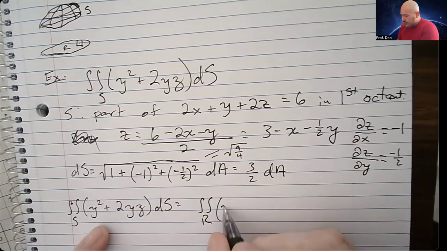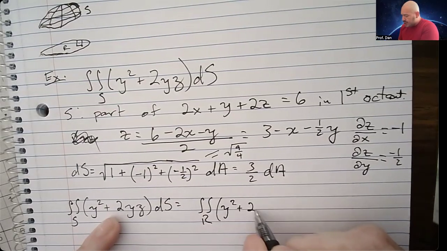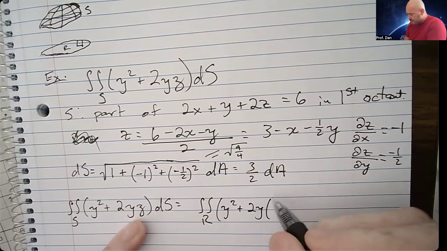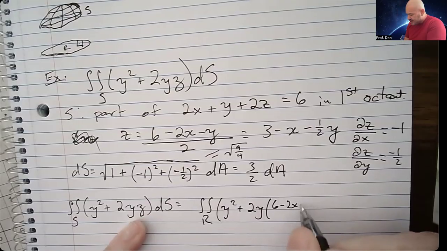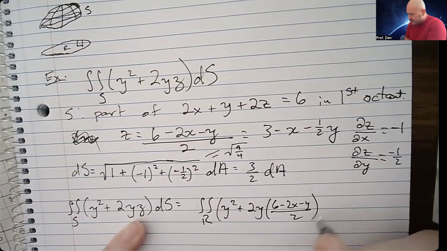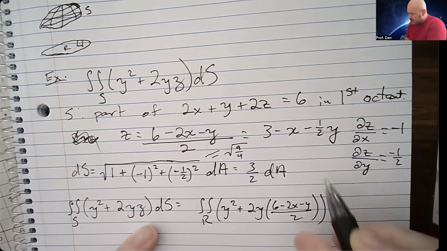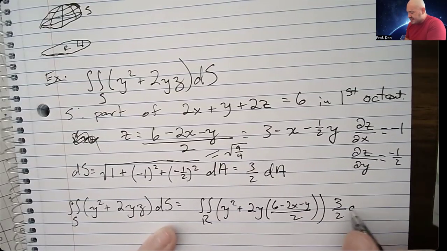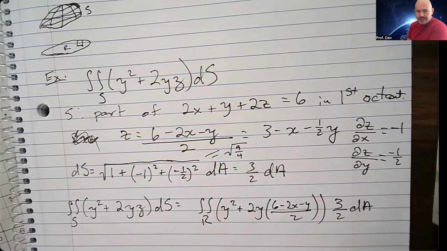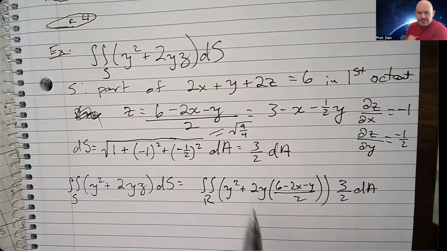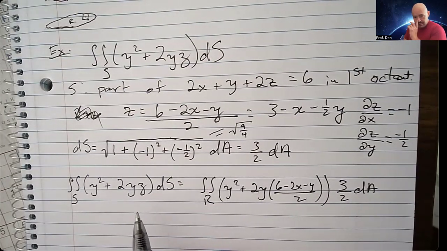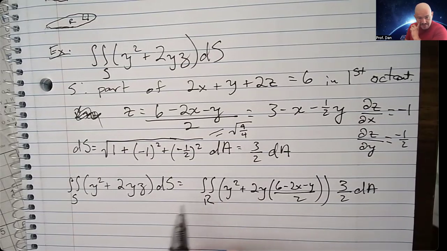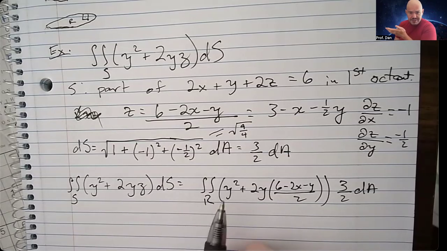So I would write y squared plus 2y, and then in place of the z, I'm going to put in 6 minus 2x minus y all over 2. And then I can replace the dS with 3 halves dA. So we've essentially converted at this point our surface integral into a two-dimensional, basically double integral over the region R.